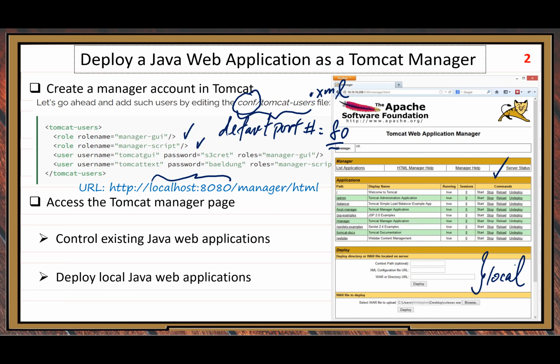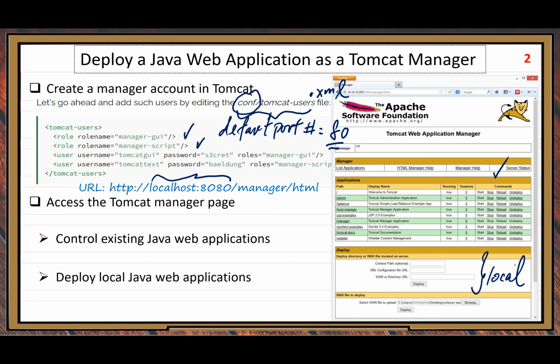You have a chance to change it, and it is optional. If you do not set it, it uses the default context path, the folder name. Then there is the XML configuration file URL, and the WAR or directory URL, the location, because they are already on the server, so you should have those locations.